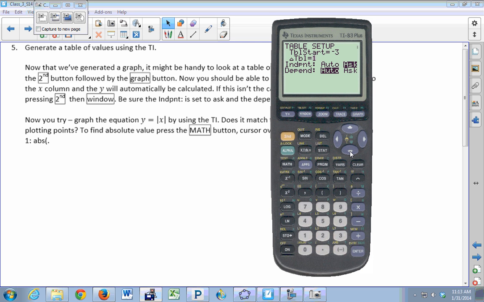This time, instead of asking it to give me the Y value, I just want to do it automatically, and that's what the auto button means, because we did the ask the other day in class. And now when you hit second table, there are the 7 values, the 7 different ordered pairs that you just graphed at your seats.